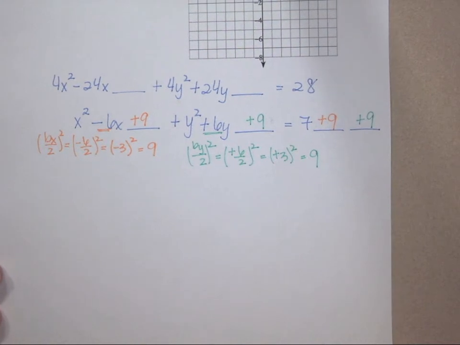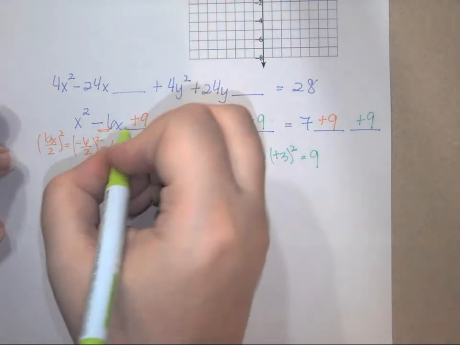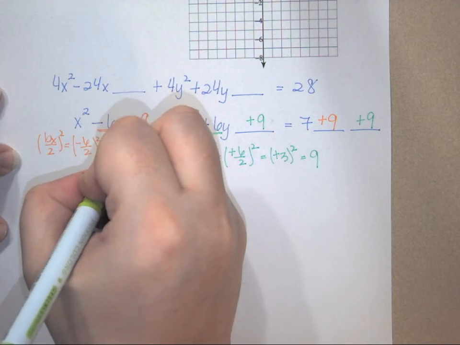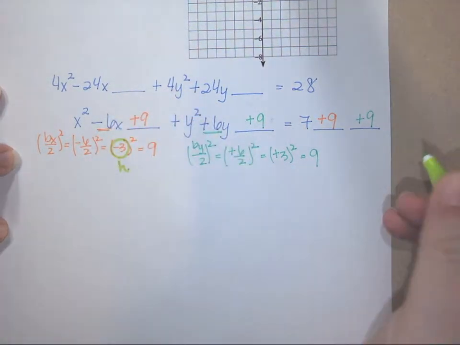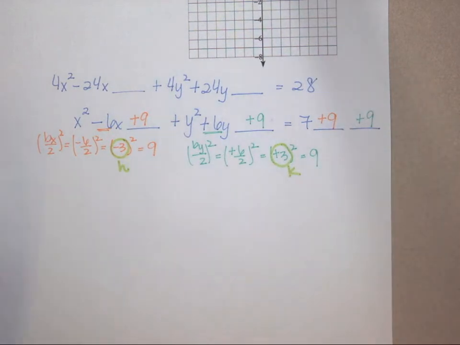So I can rewrite my equation, and again, what I have to remember is that this term right in here, the negative 3, is my h, and this positive 3 is my k. So I'm going to rewrite my equation to reflect that.